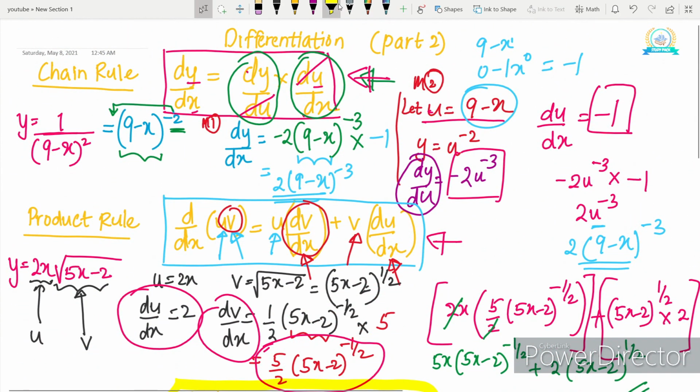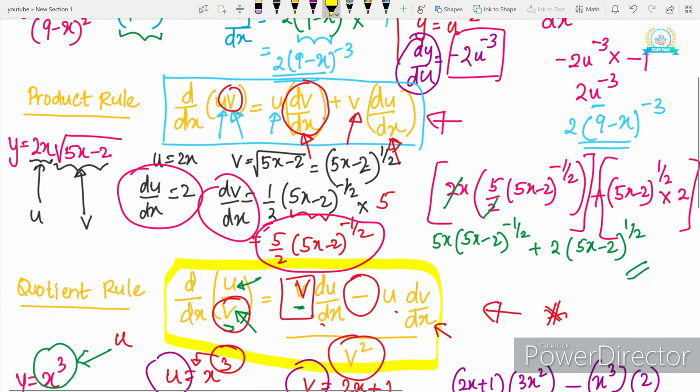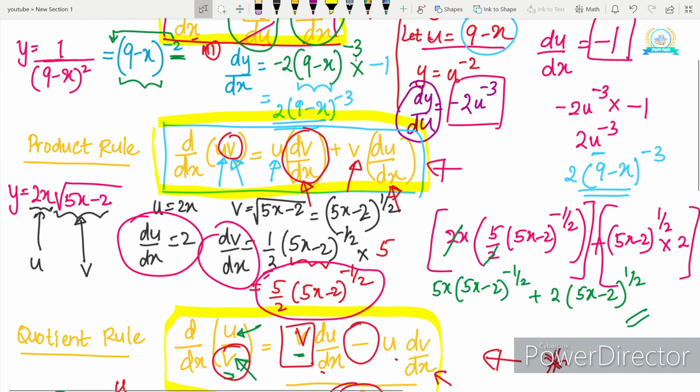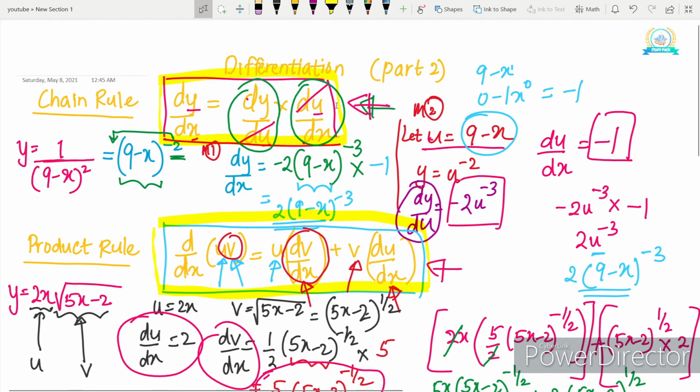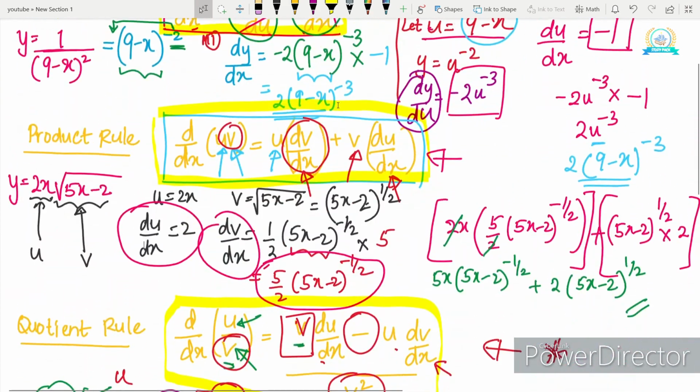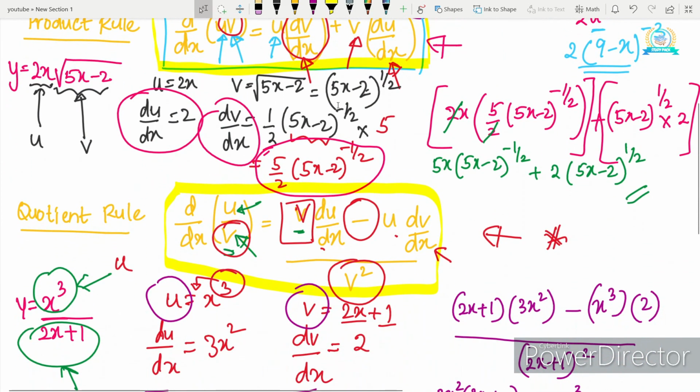So it's the quotient rule, and that's this. Do remember the definitions, the equations I used to define the product rule, the chain rule, and the quotient rule, because they explain the rules really well, and that's the equation you have to use to solve any differentiation question which involves these rules, or if there is a really complex function to be differentiated, you'll probably have to use these rules.